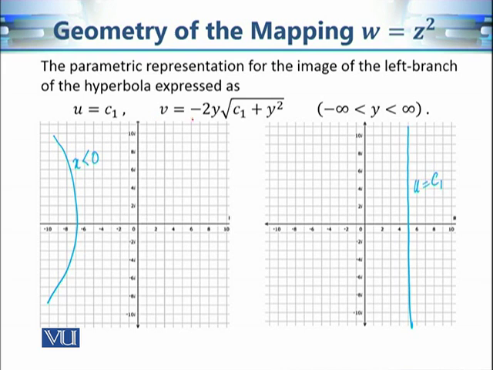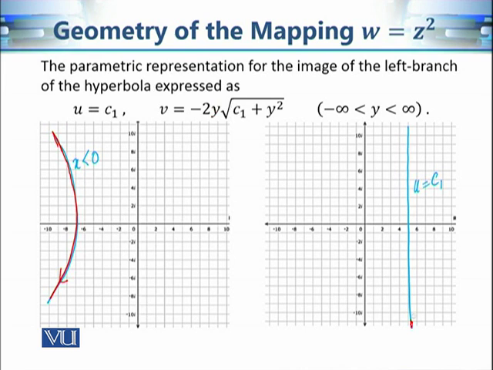In this case, v = -2y square root of (c1 + y²). We can see that when y is positive, then v is negative. In other words, if we are somewhere over here where y is positive, then v is on the opposite side. And if we travel to negative values of y, then v becomes positive.